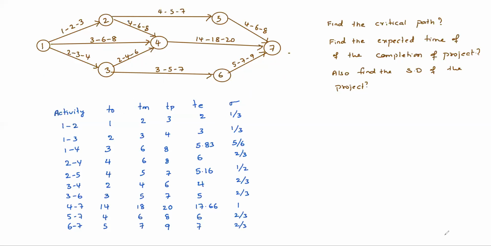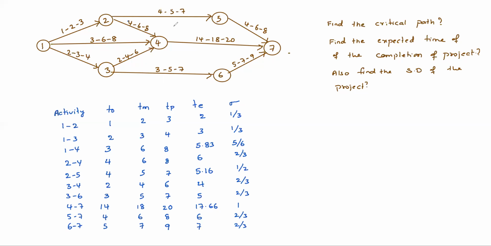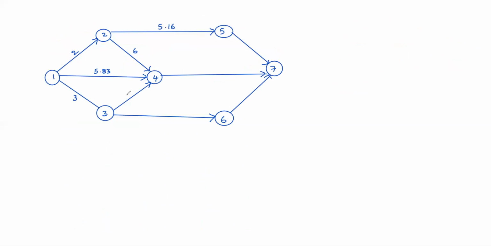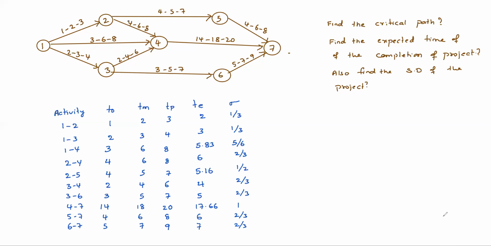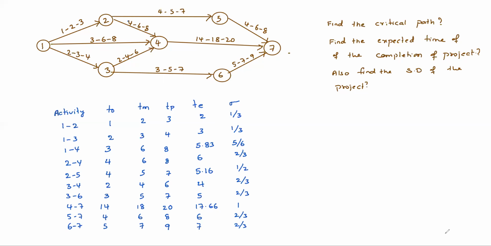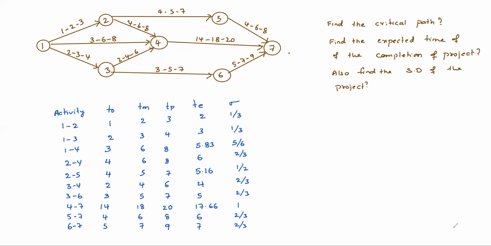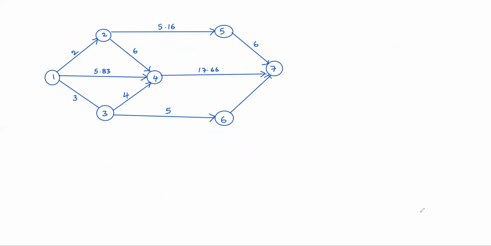For 2-5, 5.16. 3-4, 4. 3-6, it is 5. 4-7, it is 17.66. 5-7, it is 6. 6-7, 7. These are the expected times.